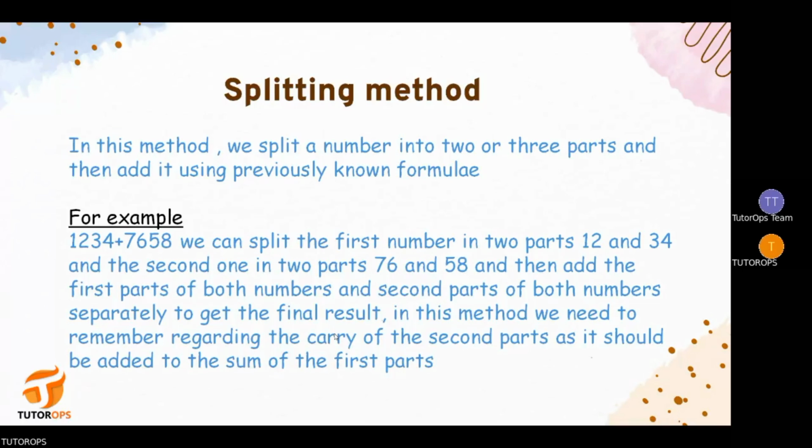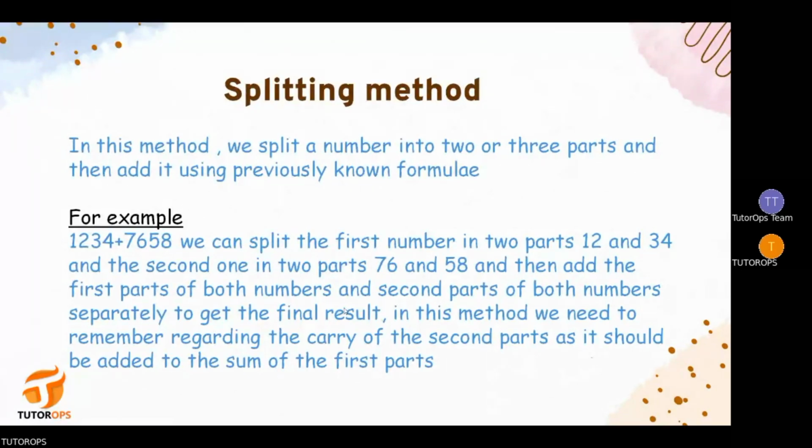In the usual method, we first add 8 with 4, that gives 12, and then we carry 1 and add the 1 with 5 plus 3. So in the usual method, that is long. But if we take this method as our common method, then it will be very easy.